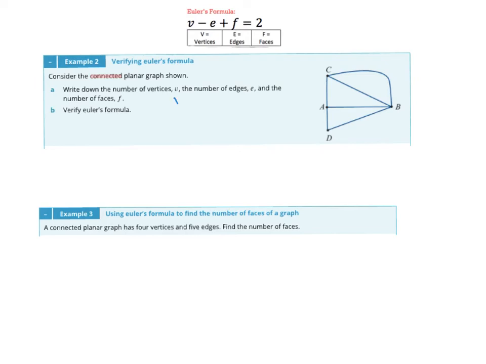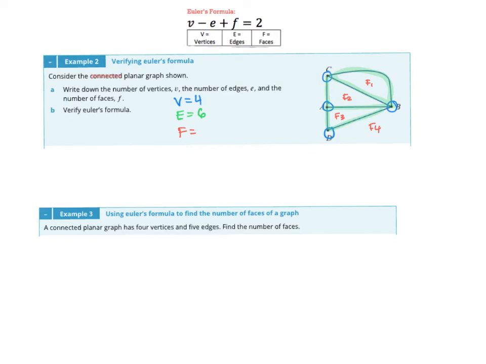So let's have a look over here. So vertices are 1, 2, 3, 4. If we go to the edges, we've got 1, 2, 3, 4, 5, 6. 6 edges. And if I count the faces, there's face 1, face 2, face 3, and face 4.